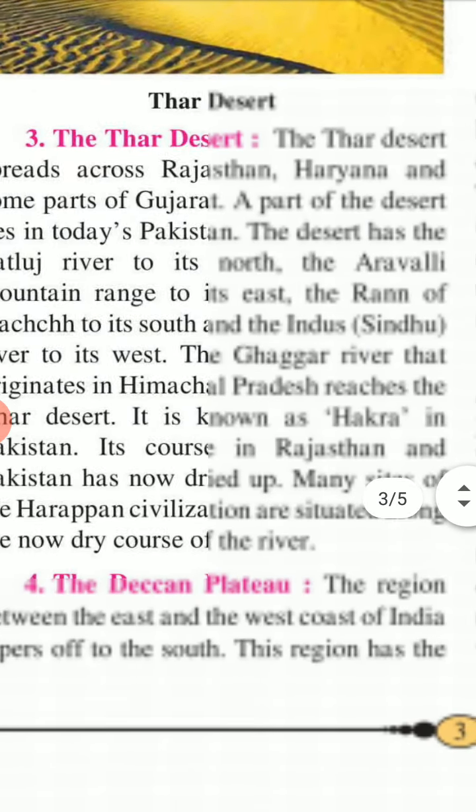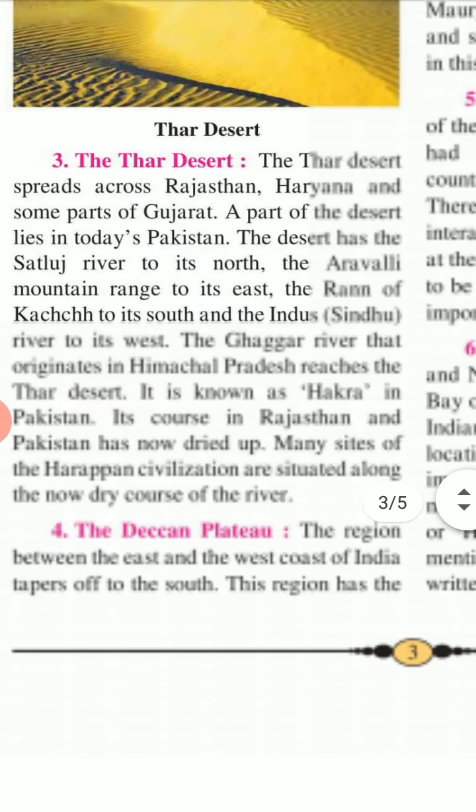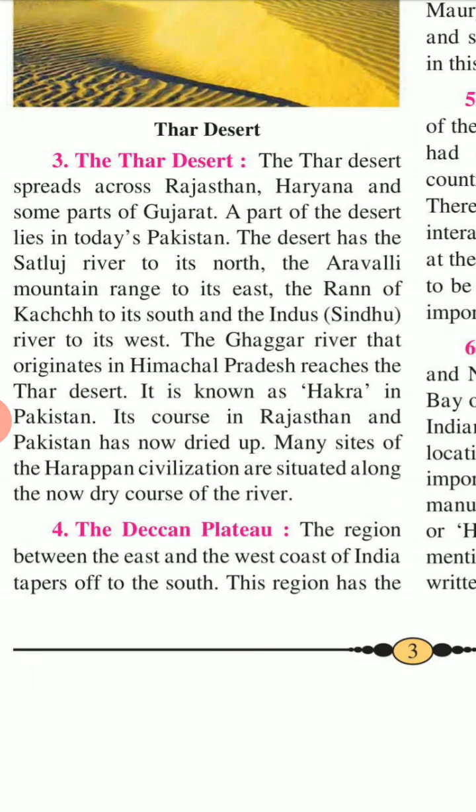You can see the Thar Desert in this picture. Let's learn about it. The Thar Desert stretches across Rajasthan, Haryana, and some parts of Gujarat. A part of the desert lies in today's Pakistan. The desert has the Satluj river to its north, the Aravalli mountain ranges to its east, the Rann of Kutch to its south, and the Sindhu river to its west.